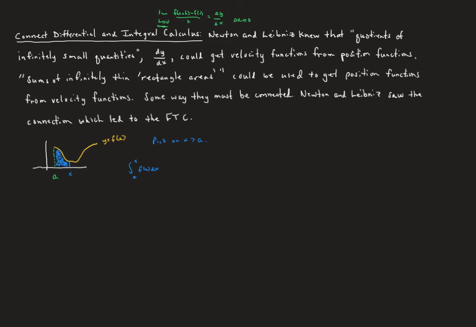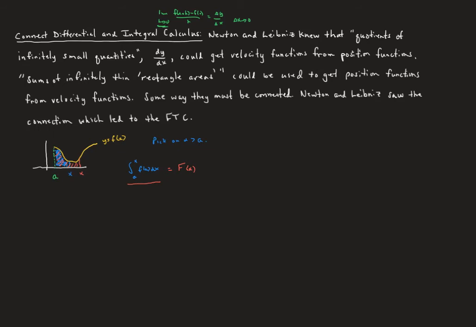And if you picked a different choice for x, as chances are you would, then you would have, for you, a little bit different value there. So this integral from a to x of f of x dx depends on the x that we choose. That is, it is itself a function of x. And so we can call that, say, capital F of x.